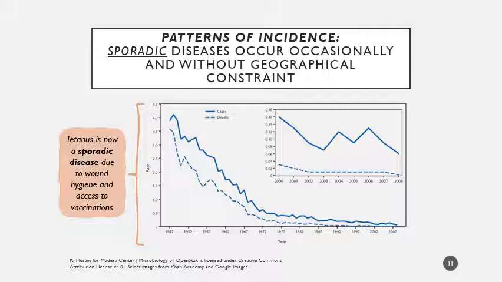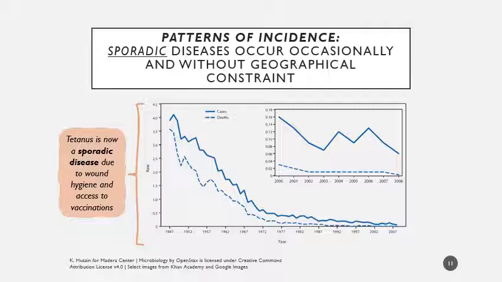If there's a location where it's much more common or people are not practicing good wound hygiene, we might have spikes of incidents. It's just really sporadic. The bad thing now, though, is that there's a lot of people who don't trust vaccinations, and so there's increasing numbers of tetanus where there really shouldn't be, especially in the United States, because we don't have to deal with it that much.